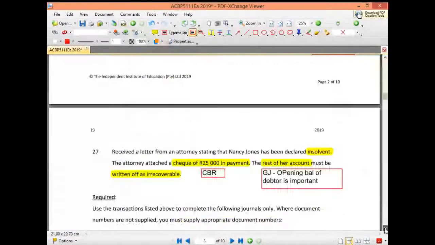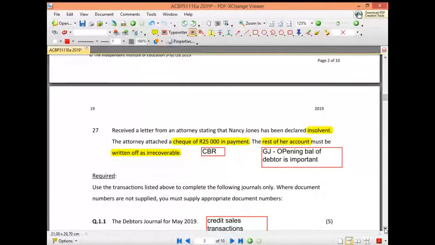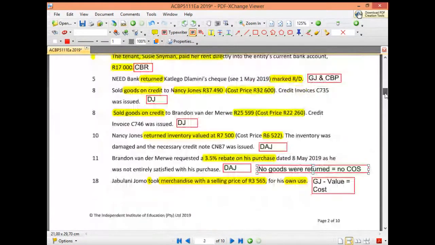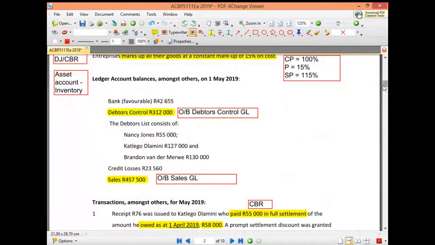Okay, then if we go to number 27. So number 27 tells me my debtor is insolvent. Now you remember when we looked right at the beginning of the question, I'm just going to scroll back so you can see. They've given us a debtors list with each and every debtor's opening balance.